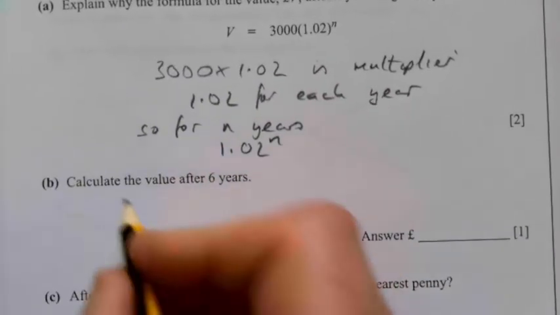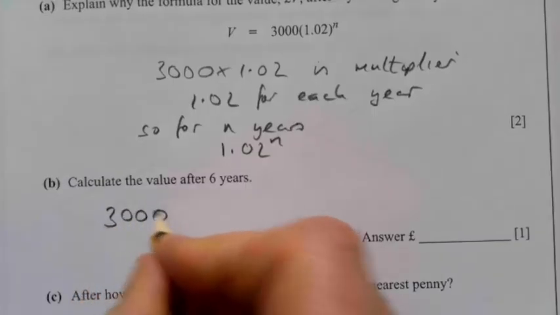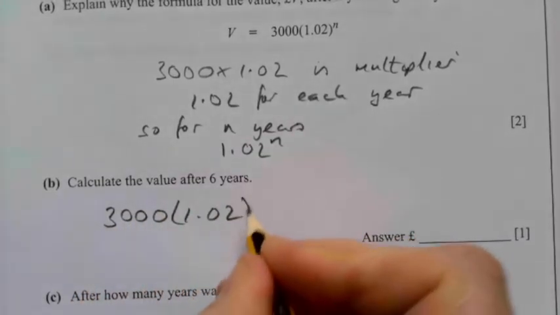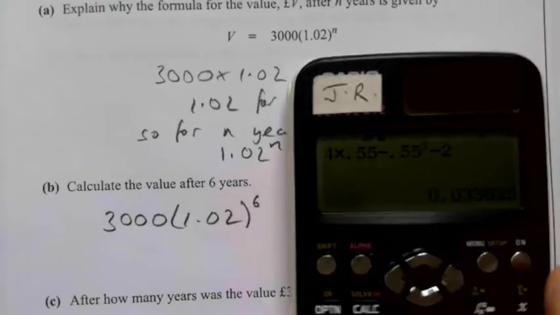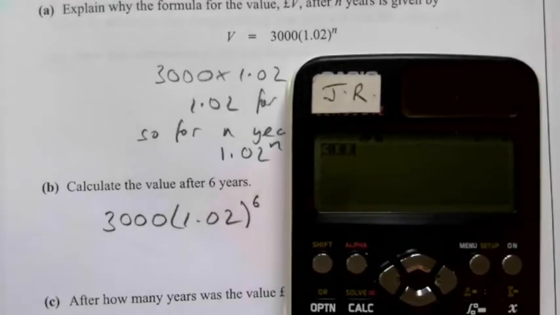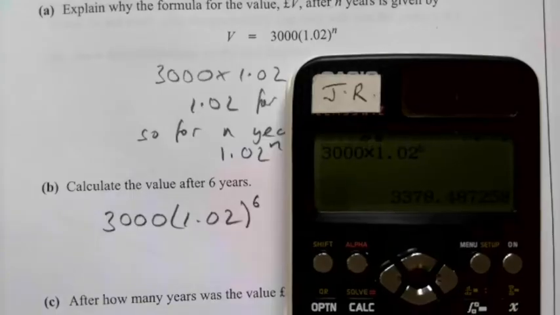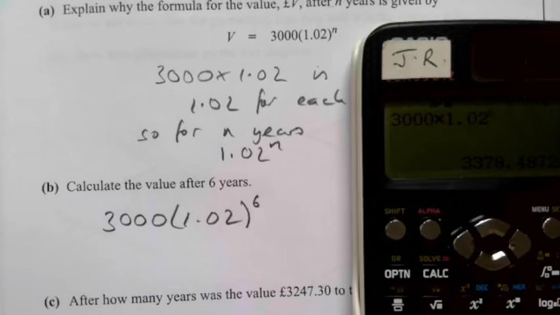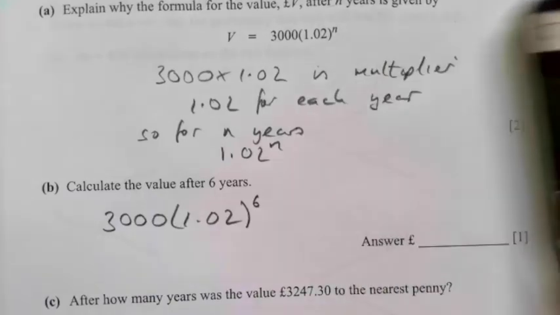Calculate the value after 6 years. So that's 3,000 times 1.02 to the power of 6. And that gives me 3,378.49.